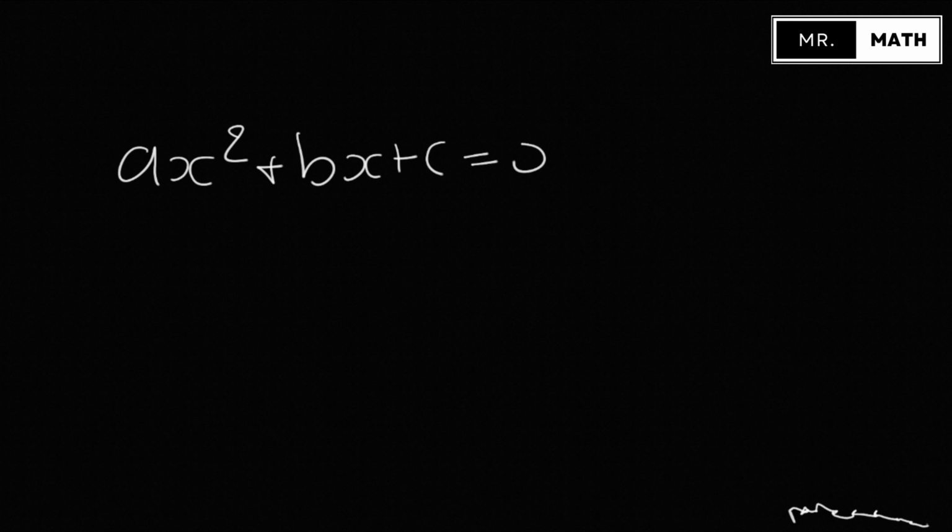Yeah, you guys are 100% correct. But what if I tell you, you can just tell me the sum of the roots just looking at the equation without calculating both of the roots? Yeah, there's a formula for that.